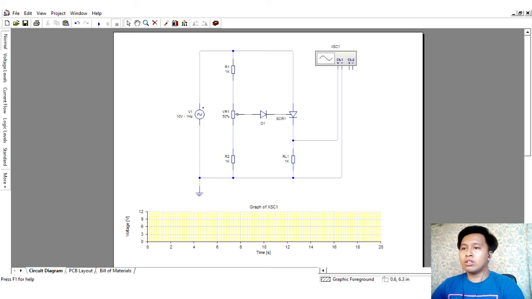By adjusting R2 between two extremes, the SCR can be switched on somewhere between the commencement and peak of the positive half cycle, that is, between 0 degrees and 90 degrees.